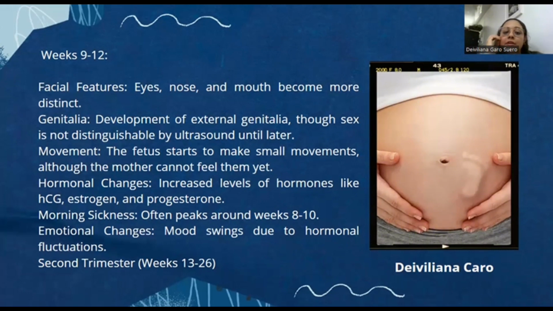Movement: the fetus starts to make small movements, but the mother cannot feel them yet. Hormonal changes: we have increased levels of hormones like HCG, estrogen, and progesterone. Morning sickness often peaks around weeks 8 to 10. Emotional changes: mood swings due to hormone fluctuations.